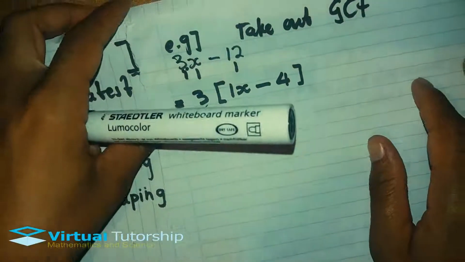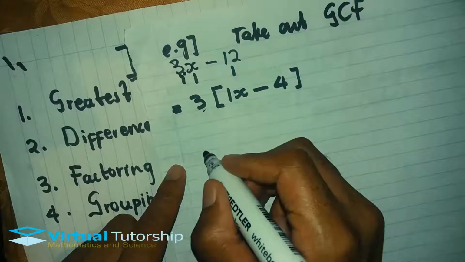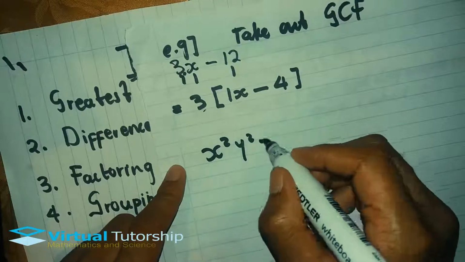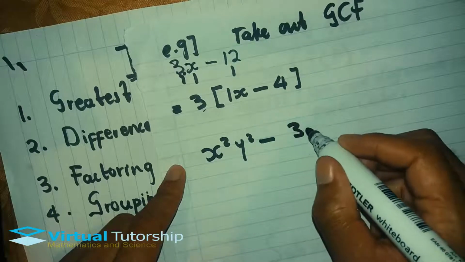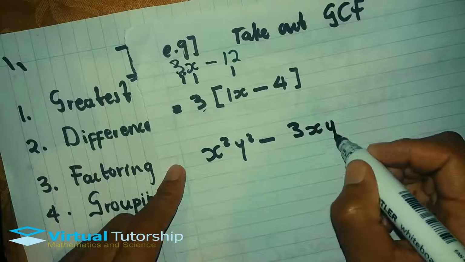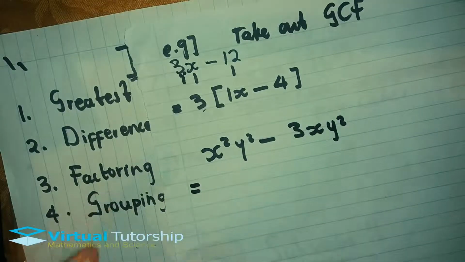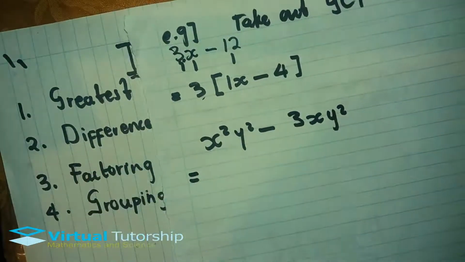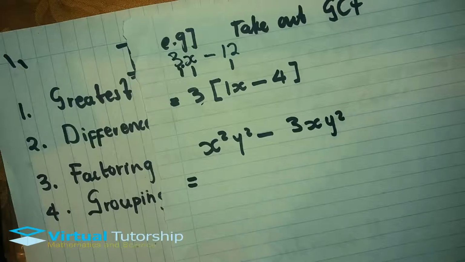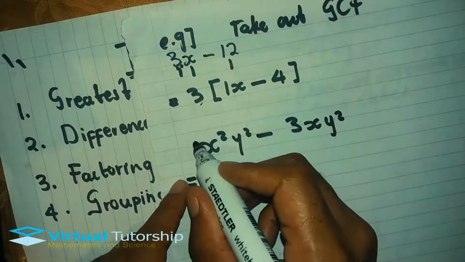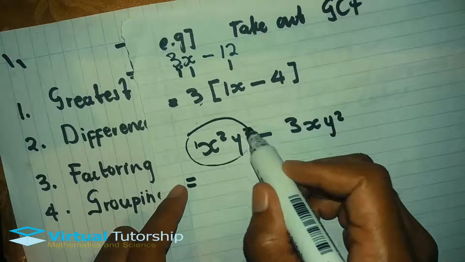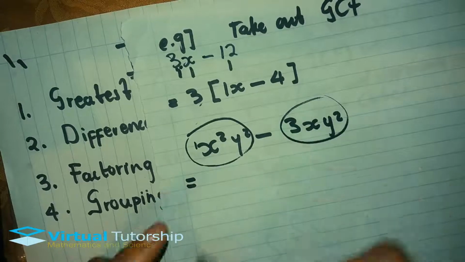Okay, asithathe another example. Let's say maybe bakunika x squared y squared minus 3x y squared equal to, ne? Bese bathi thola the greatest common factor in this case, ne? Bheka, the first thing we check-ayo ama-coefficient, like in this case ngina 1, 2 yama-terms.